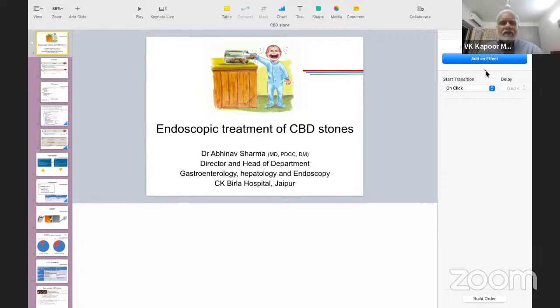It would be worth it for one of the young faculty members, like you or Younis, to do a questionnaire survey, irrespective of what the literature says, on what the practices in India are. What do most surgeons or gastroenterologists do when they see a patient with a pre-operatively diagnosed gallstone and CBD stone?